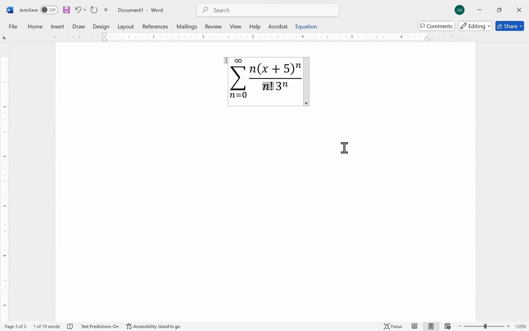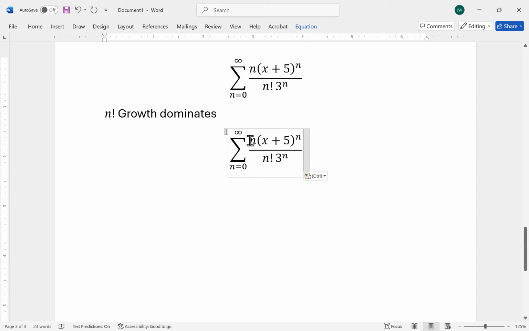The factorial growth is going to be the biggest type of growth, and therefore n factorial is going to dominate. Because of that, all of these other types of growth in the numerator and denominator are going to look like they stand still, in comparison anyways.